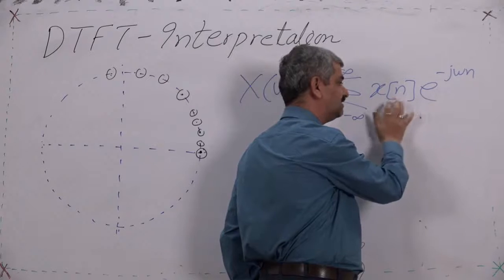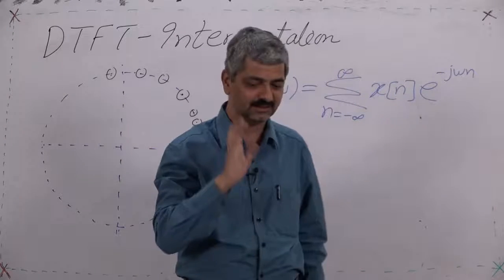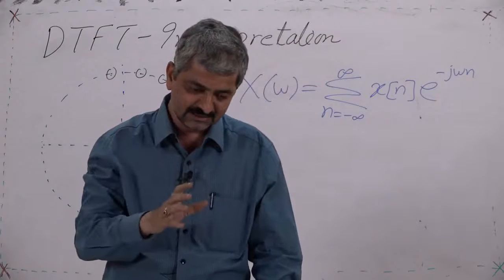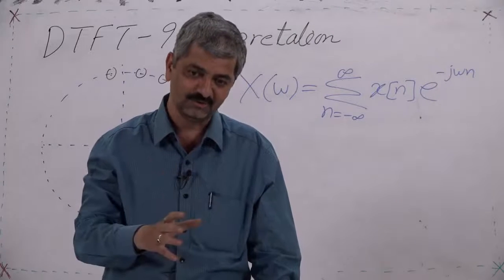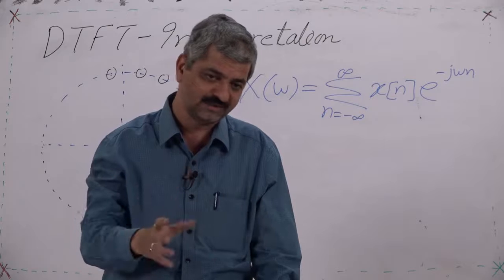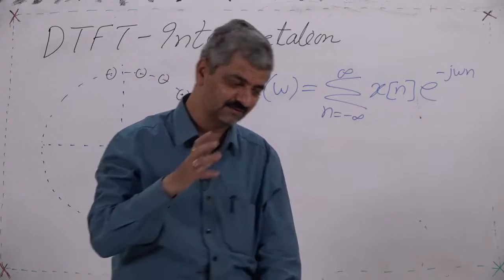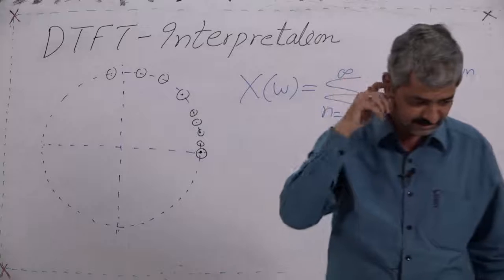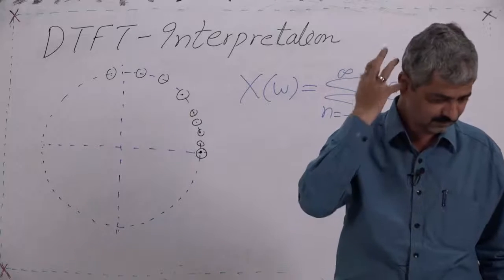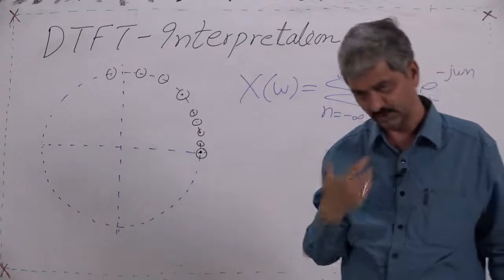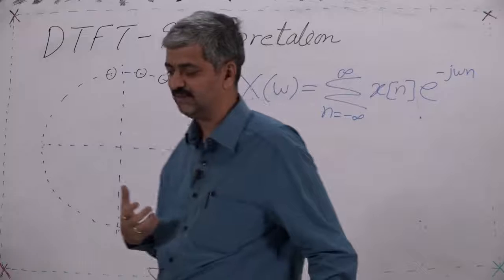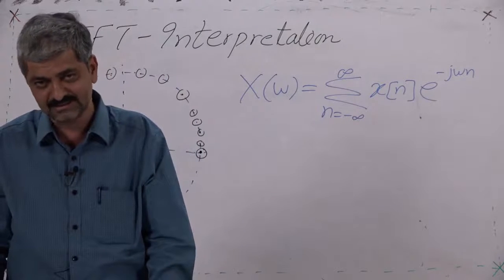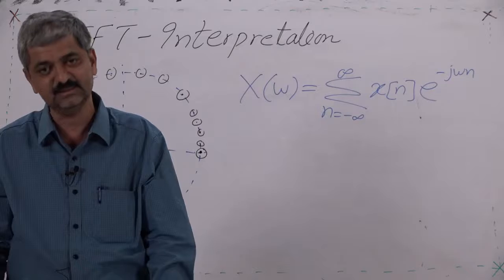Now listen very carefully: if this xn is also a rotating point, I hope it may give some kind of self interpretation for you. So, what is xn? We have discussed already. Xn can be a point in 2D plane. Xn need not be a one dimensional sequence; Xn is a two dimensional sequence.